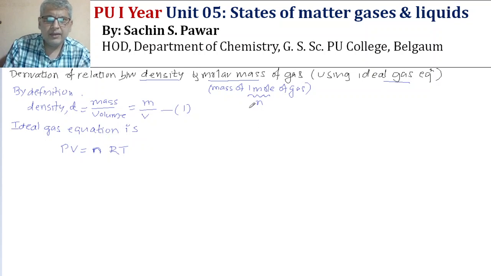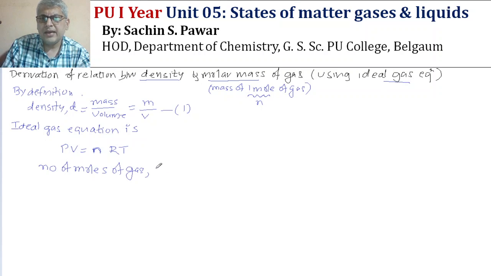The number of moles and molar mass are related by an equation which you already know from your PUC first year unit number 1: number of moles of gas n is equal to mass upon its molar mass.